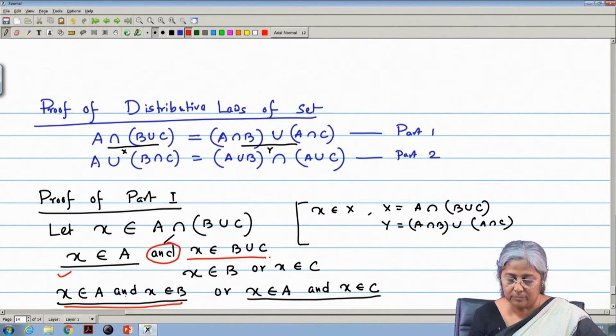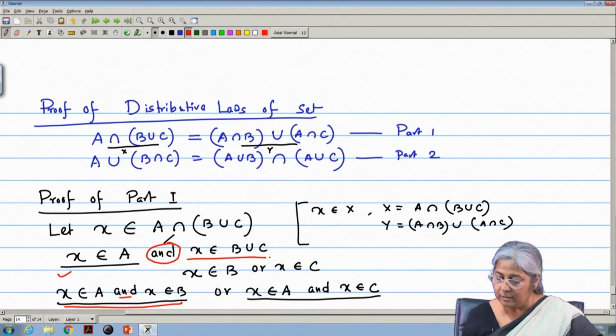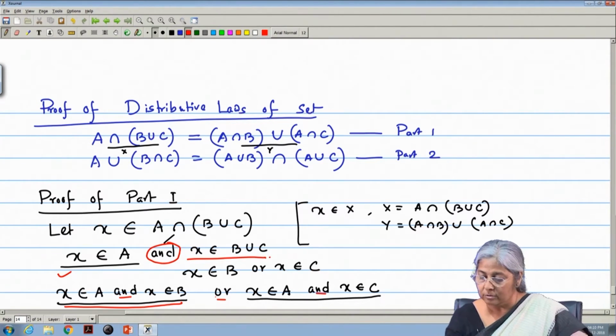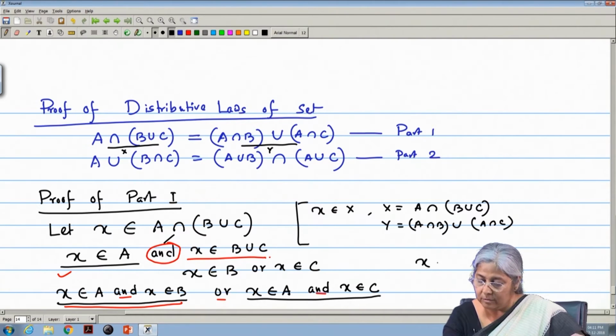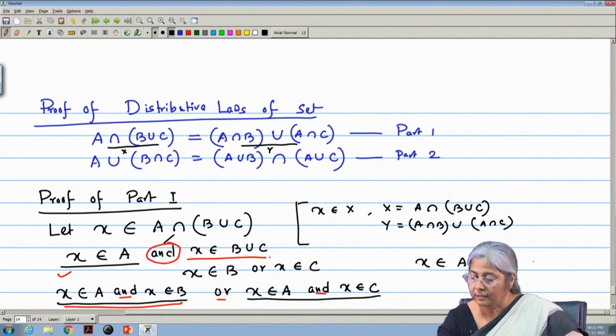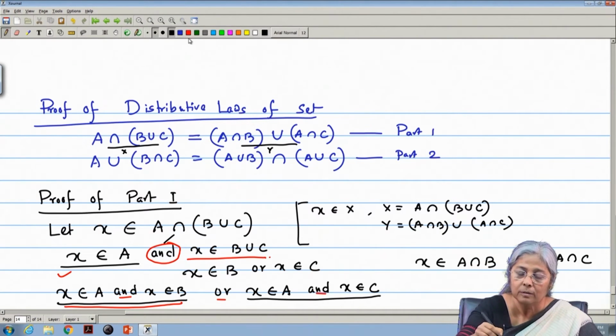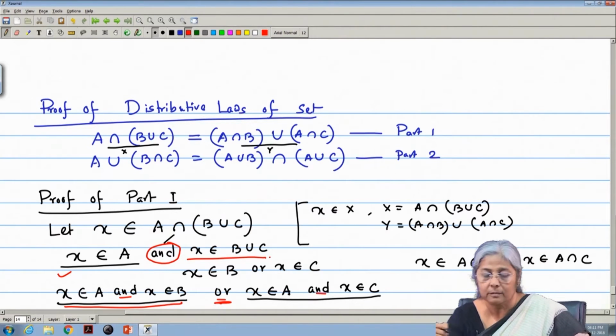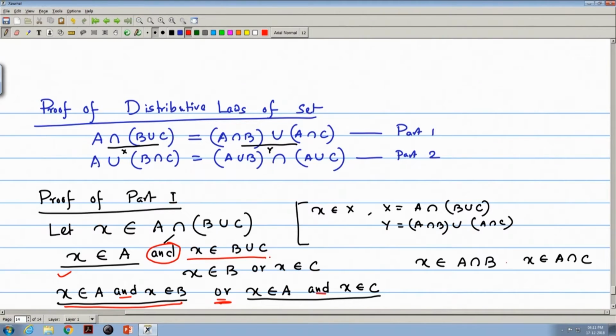Again this is and, and this is or. So, I can write x belongs to A and x belongs to B, this equals x belongs to A intersection B, since it is and, or x belongs to A intersection C, and these or I can replace by union. This should be a union.